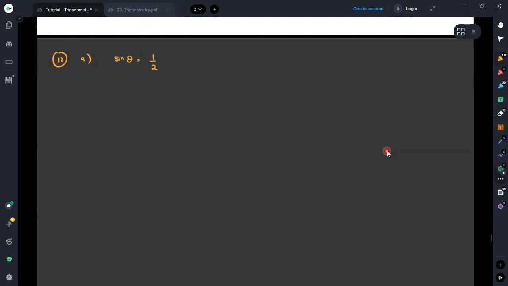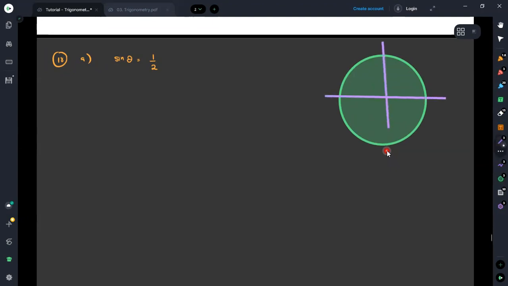If we again recall the quadrant rule, we may have the values 0, 180, 360, 450 in this way. In the first, second, third and fourth quadrants, all will be positive, sine will be positive, tangent will be positive, cosine will be positive.